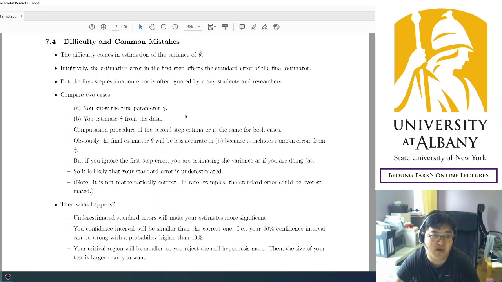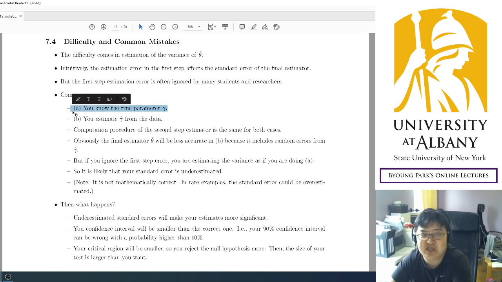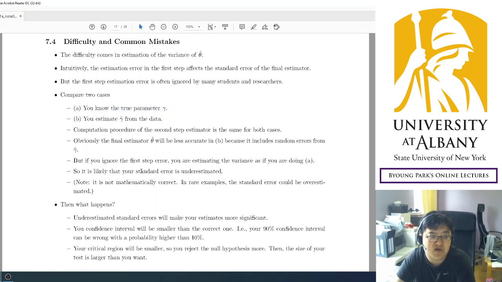In the former one. So if you ignore this, usually the first stage estimation error is ignored, then you are considering a case which is different from your method, and usually the standard error is underestimated because some error is ignored.